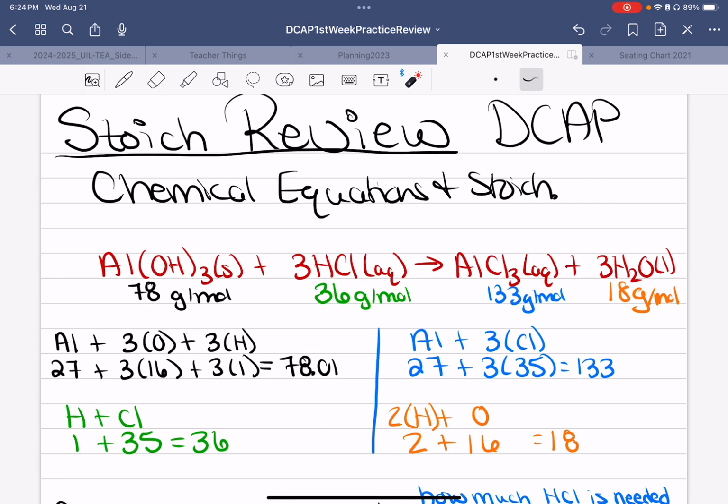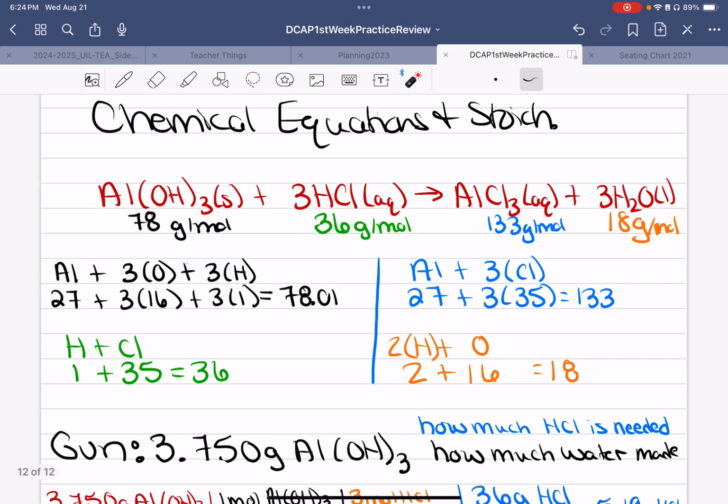Okay, so I just set up what should look similar to your first problem on the page. I have an equation: aluminum hydroxide plus hydrochloric acid yields aluminum chloride and water. The first thing you're going to have to do, and the reason there are blanks underneath, is figure out the formula mass, or molar mass, for each one of your substances.